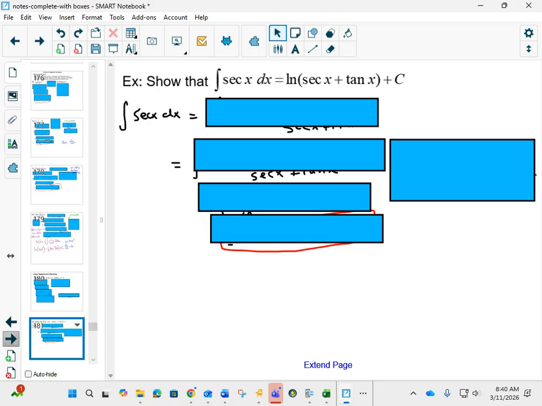Show that the integral of 1 over secant x equals the natural log of secant x plus tan x plus c. Okay, now on these ones, if they give you the answer, one of the things that can be a strategy for helping you is start with the answer, do the derivative, and see what happens when you do the derivative.